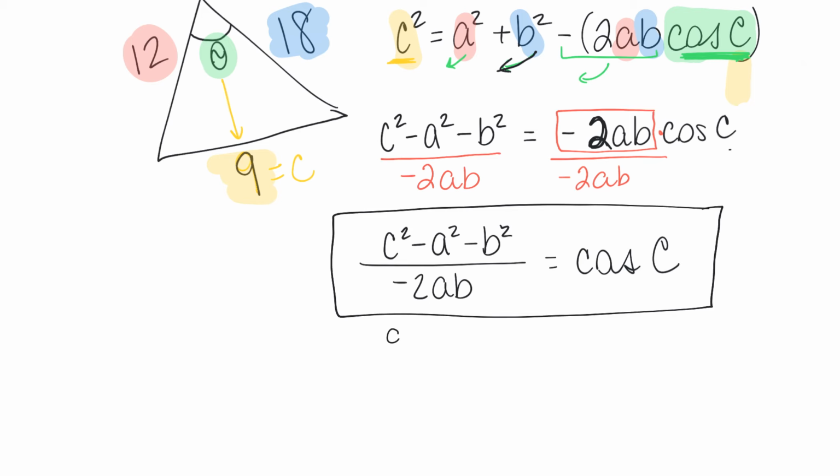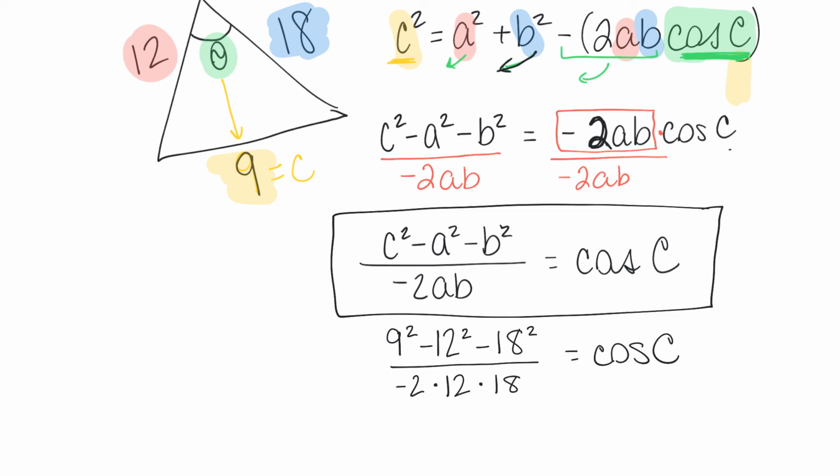All right, we are going to plug in everything we need. So we're going to say 9 squared minus 12 squared minus 18 squared divided by negative 2 times a, which is 12, times b, which is 18, equals the cosine of c. Okay, so crank this whole thing into your calculator. You're probably going to need to put brackets here.